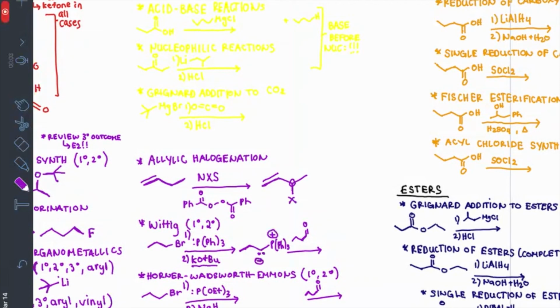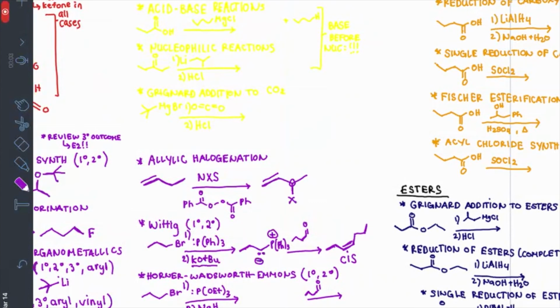And since phosphorus has 4 bonds to it, it'll be a positive charge, okay? Remember to review this from your notes. And so upon giving our phosphorus ylide an aldehyde, right, or a ketone, if you'd like, then we create an alkene, okay? It will look like this. And so remember with Wittig, we get the cis alkene selectively.